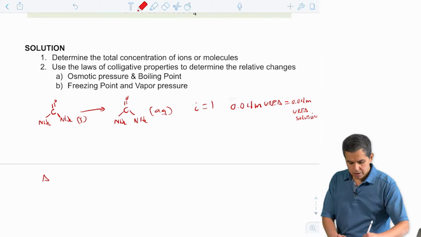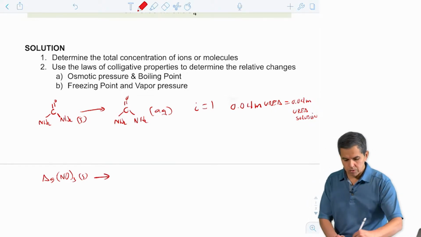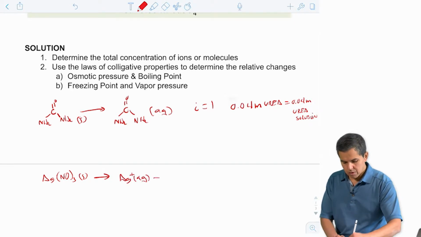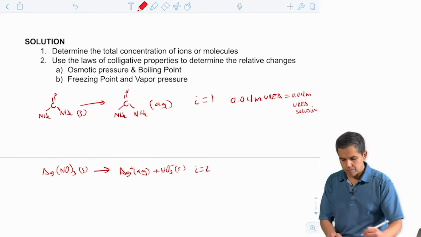Silver nitrate, when it's brought into solution, yields a silver ion plus a nitrate ion. i equals 2.